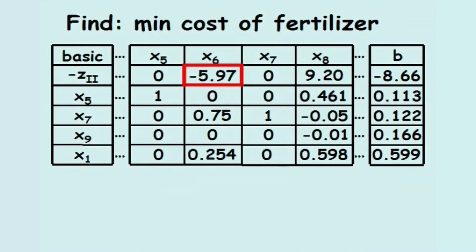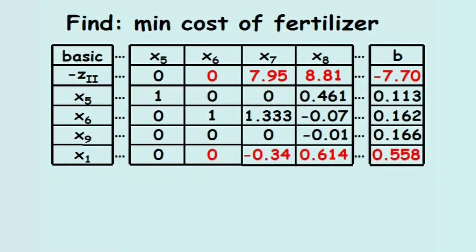From pricing out, variable x6, which represents bone meal, is next to enter the basis in place of variable x7, phosphate. Pivoting about x6 involves dividing row x6 by 0.75, then adding 5.97 times row x6 to row z2, and subtracting 0.254 times row x6 from row x1.